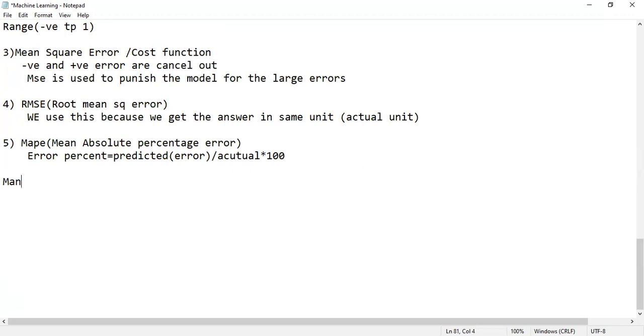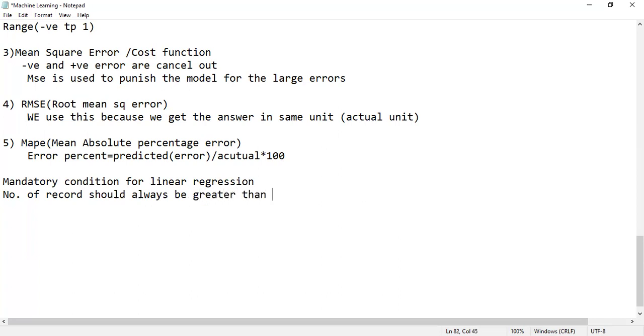These are the two mandatory conditions that you should follow while performing linear regression, and you should remember them while performing any supervised learning.